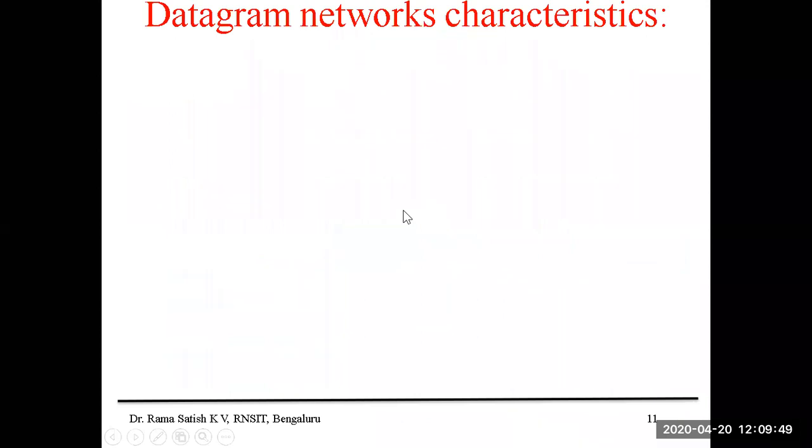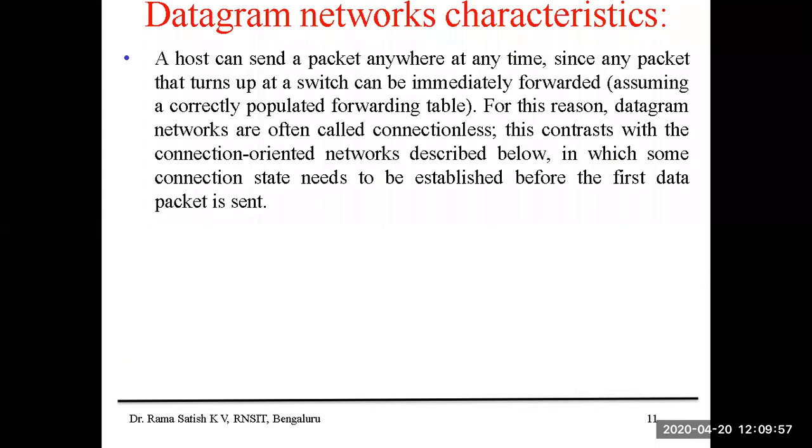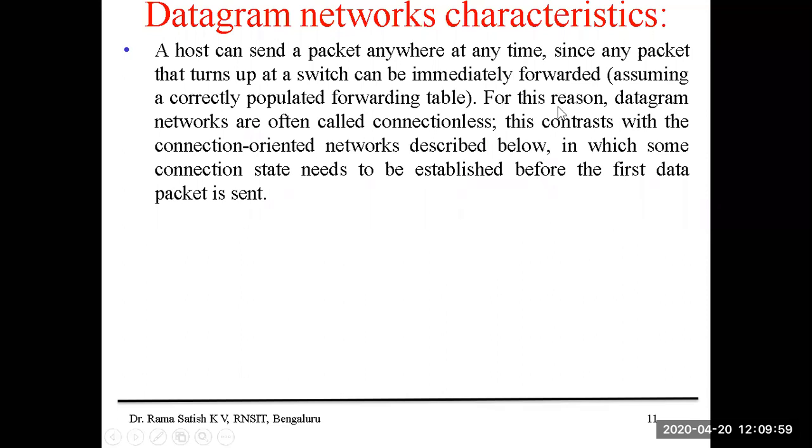And there are some characteristics of the datagram method of networking. First one, the host can send a packet anywhere at any time, since any packet that turns up at a switch can be immediately forwarded based on the forwarding table.